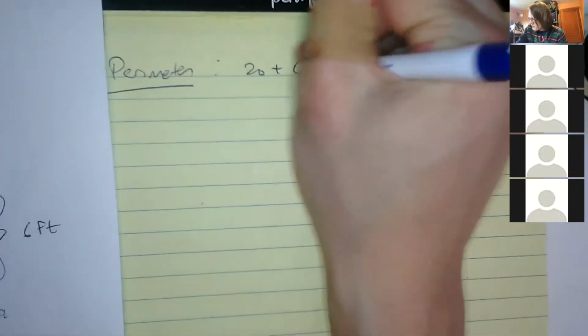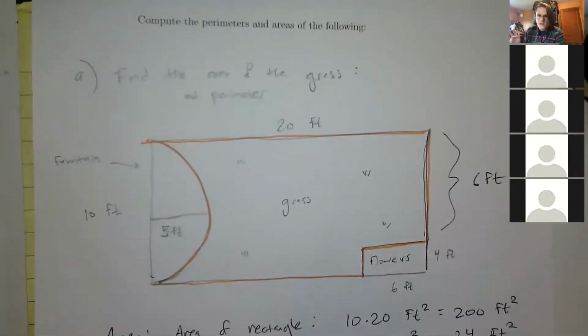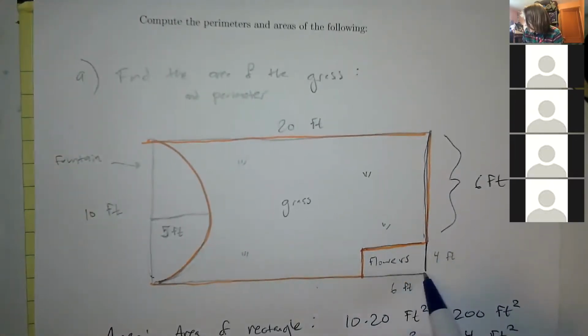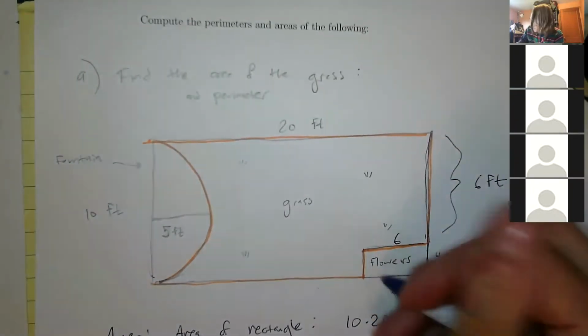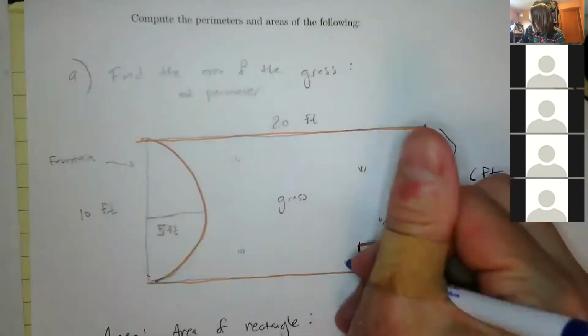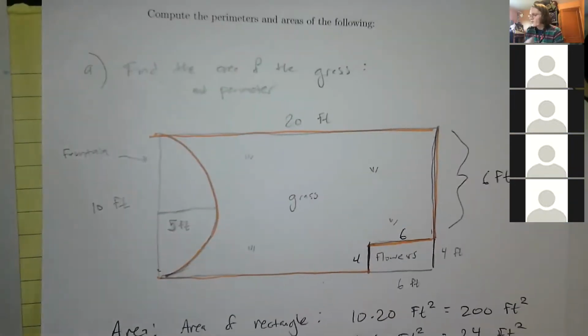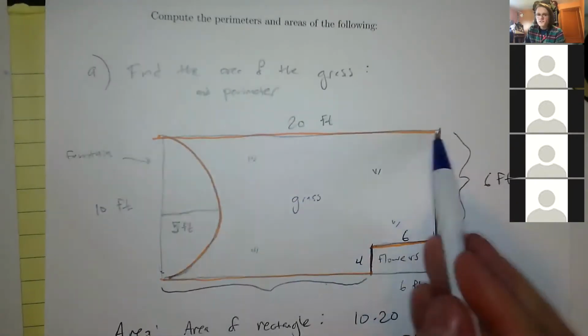So 20 plus 6. Next, we're in the flower bed. So this is the same as this. So this is also 6, and then this part is also 4. So I'll put 6 and 4. All right, we're getting there. Now this whole distance is 20.